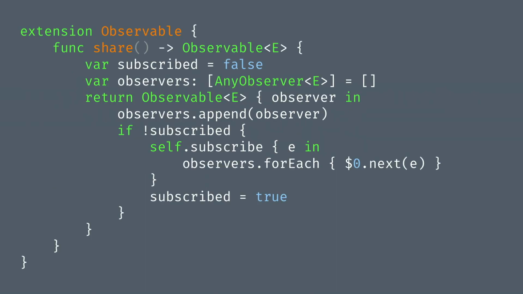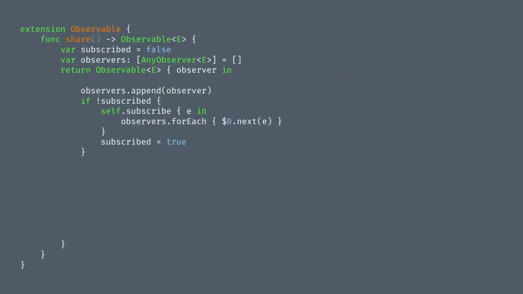Share is a bit more complicated, because you can understand that whenever one of the observers disposes of the subscription, that observer should not receive any updates, but the other ones still should. And when the last observer disposes of the subscription, only then do you want to dispose of the original subscription to the original observable.